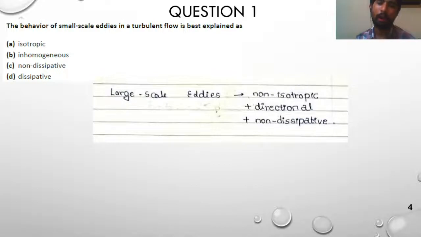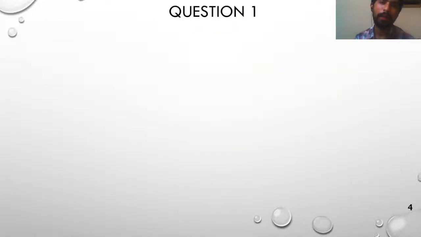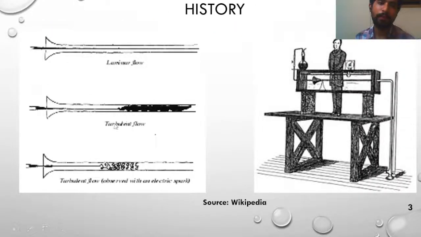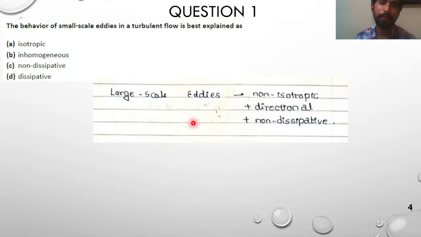Like when we saw in the experiment, in the second case, the flow goes in one particular direction only. And they are not very directly dissipative. Although I told you that one of the features of turbulence is dissipation, these large scale eddies take a very long time to dissipate into smaller eddies. So in general they are not dissipative in nature.